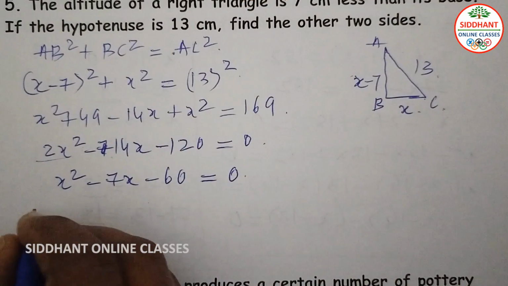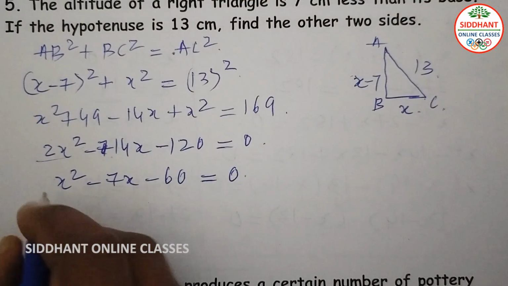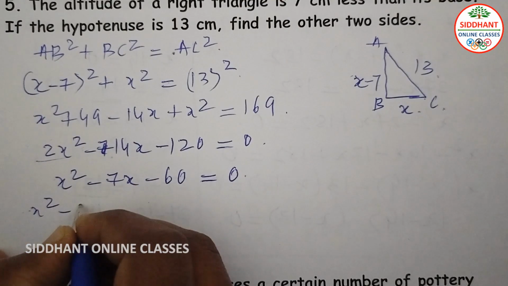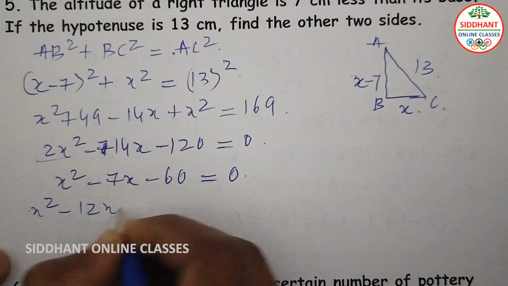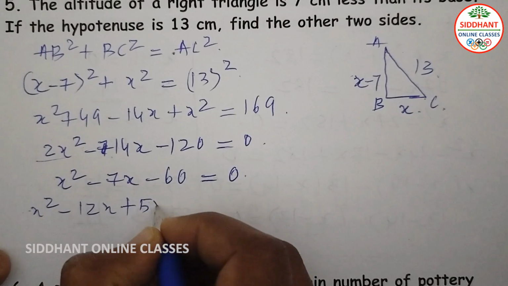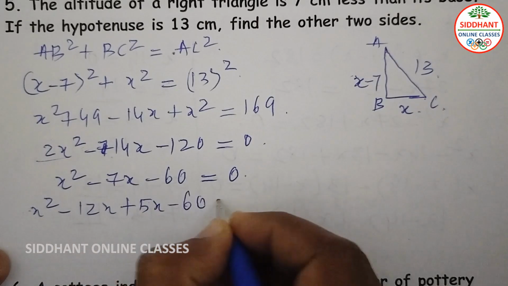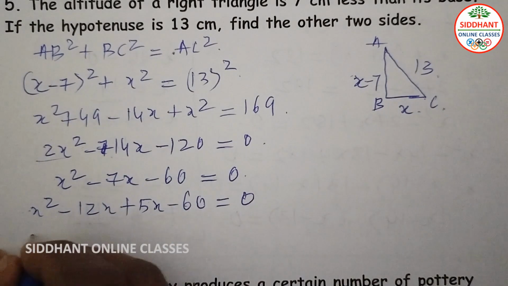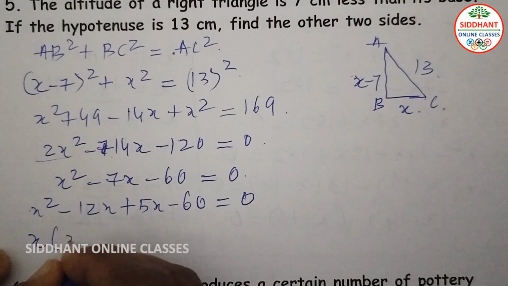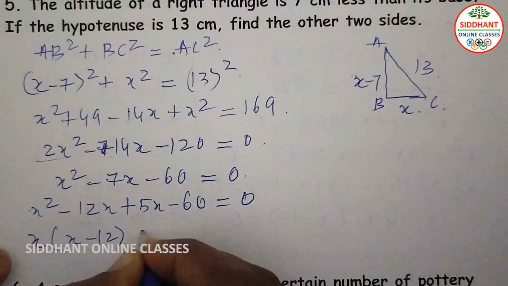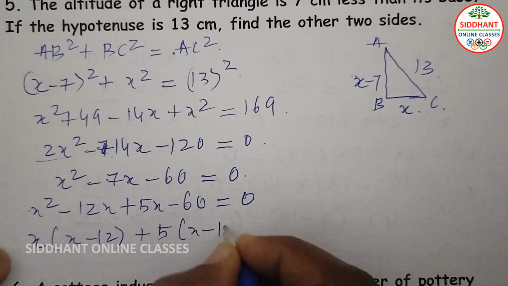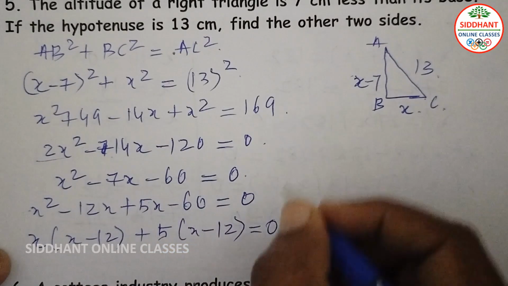So now taking the roots here, x square minus 12x plus 5x minus 60 equal to 0. Minus 12 plus 5 is minus 7, and minus 12 into 5 is minus 60. Taking x common here, x minus 12 plus 5 times x minus 12 equal to 0.